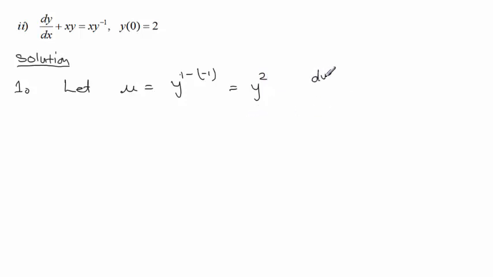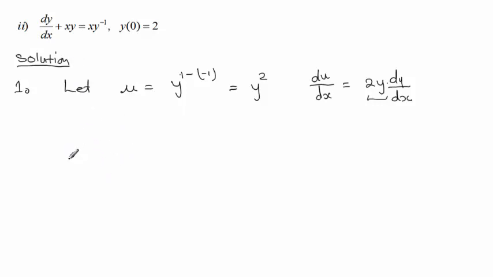Differentiating, we get du/dx equals 2y to the power 1 dy/dx. So then we see that the common factor of both is this one, which we're going to multiply the whole equation with.